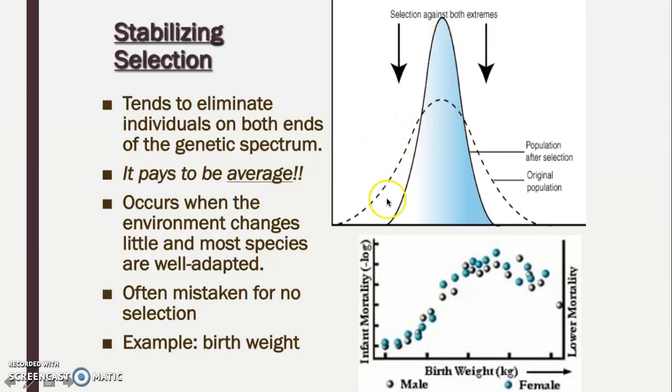That being the case, we say that more and more individuals will end up having that birth weight. The ones on the extremes will not tend to survive and reproduce as well within the population. So let's say maybe if they're born and they don't make it to maturity and they don't reproduce themselves.